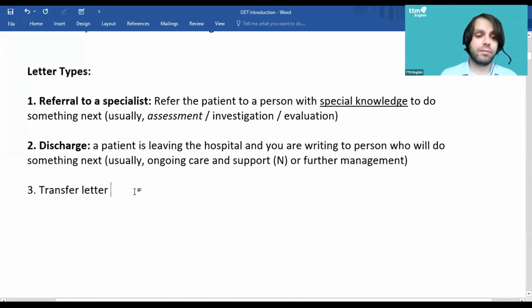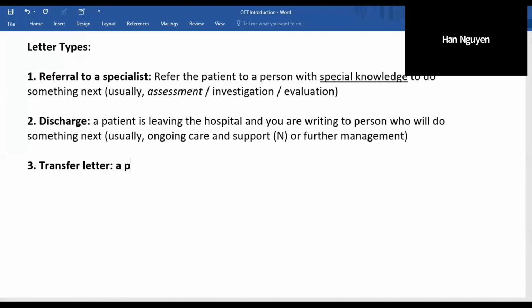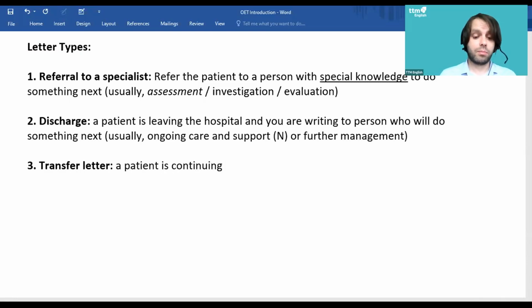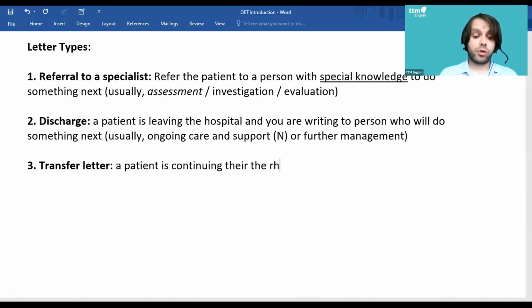Transfer letter. We're just talking in general now. What usually happens in a transfer letter? This is for a patient to continue service. Maybe rehabilitation. Let's just say rehab or treatment.